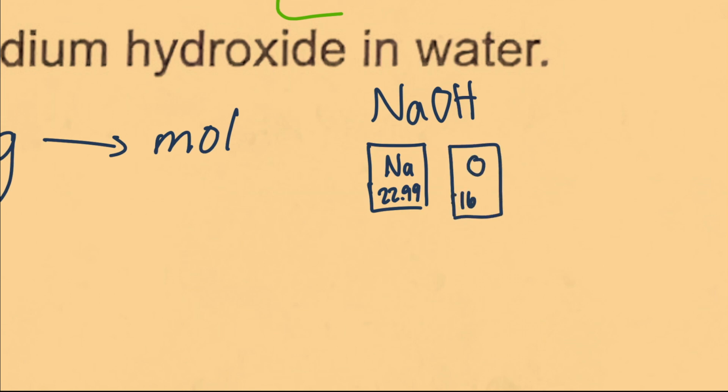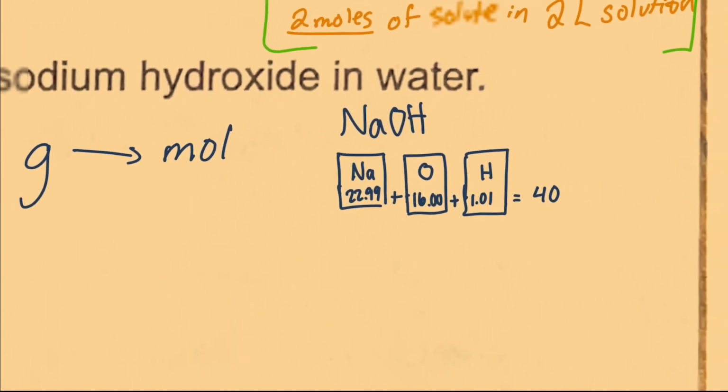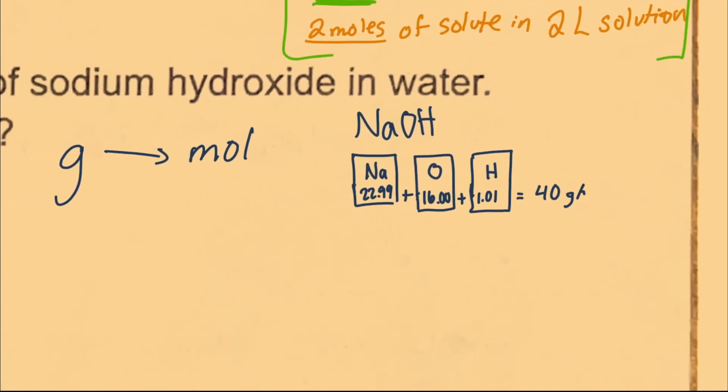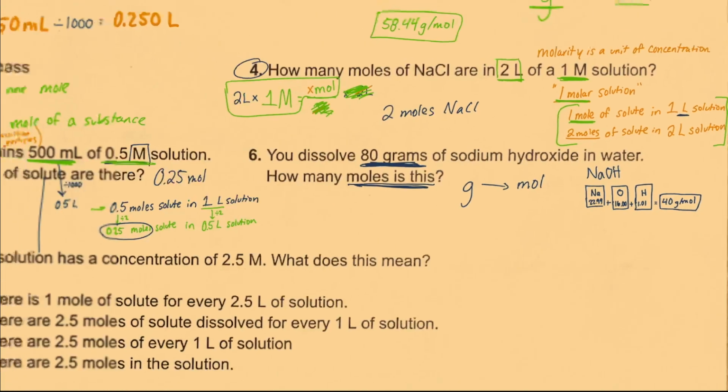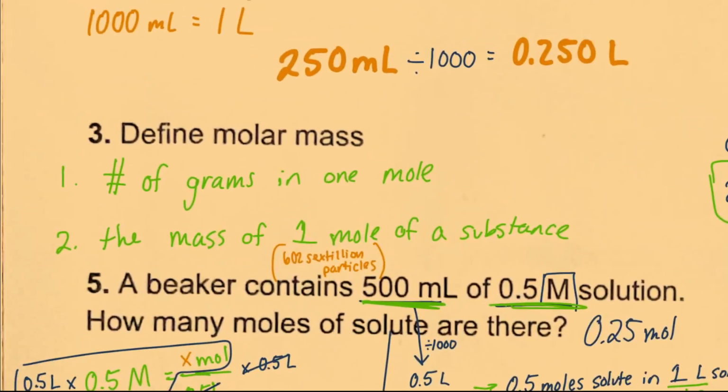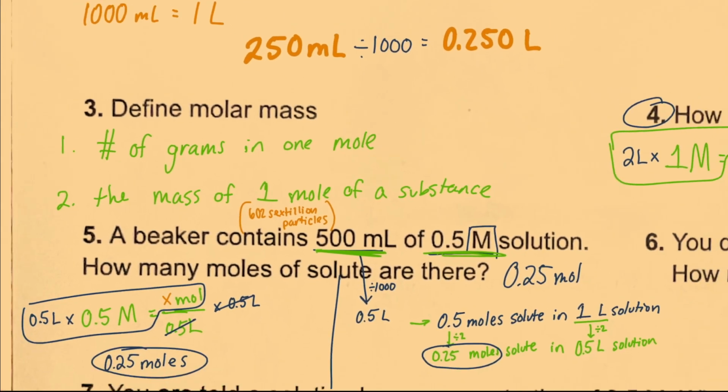O is 16. And H is 1.01. I add all those numbers up, I get 40, but that needs a unit on it because all my numbers do. 40 grams per mole. Grams per mole is a unit for molar mass. And remember that molar mass describes the mass of 1 mole of any substance, or the number of grams in 1 mole.